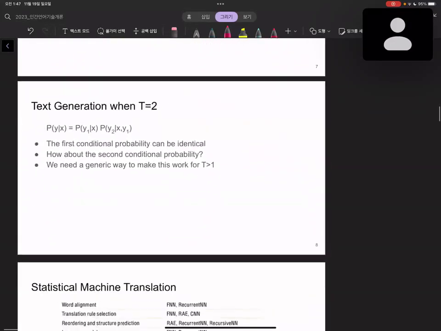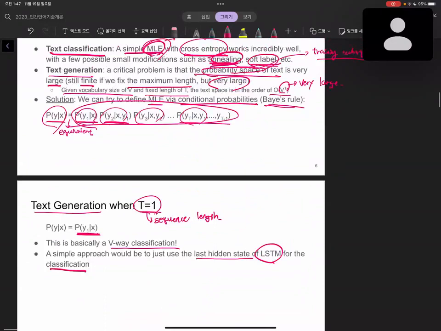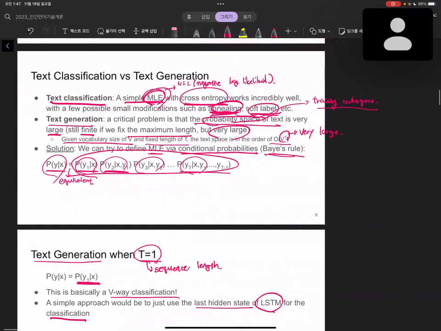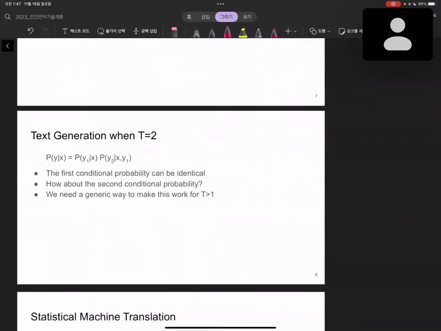Okay, and now text generation when t equals 2. Now we have to handle P of y2 given x comma y1. The first conditional probability can be identical. How about the second conditional probability? That is the question here.